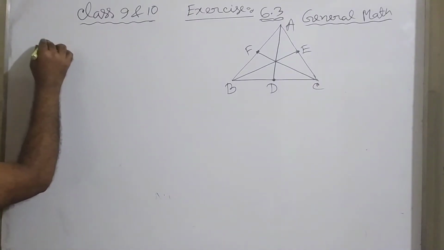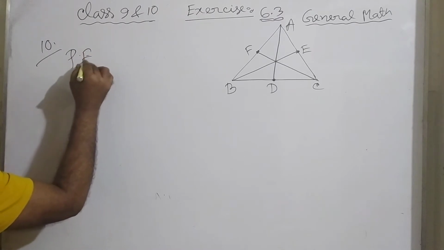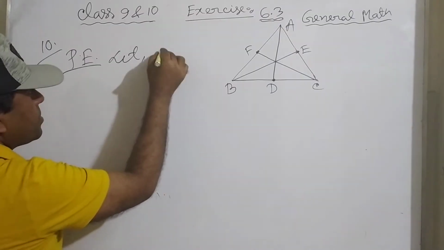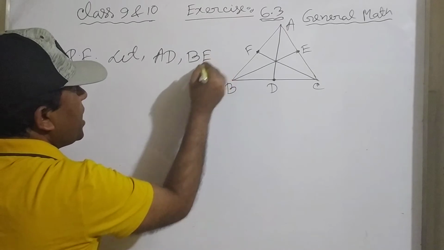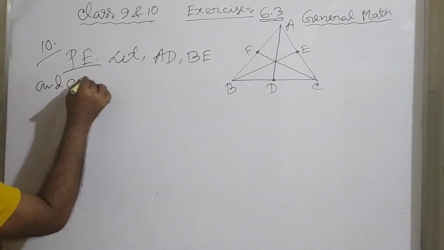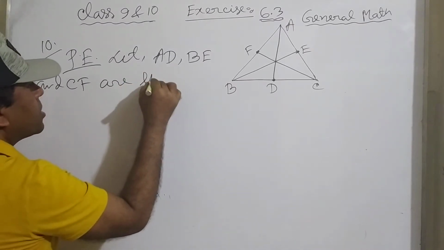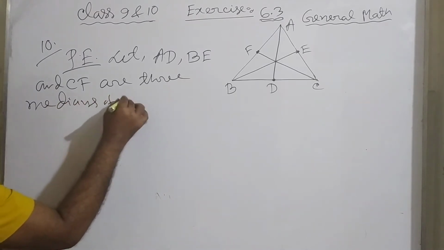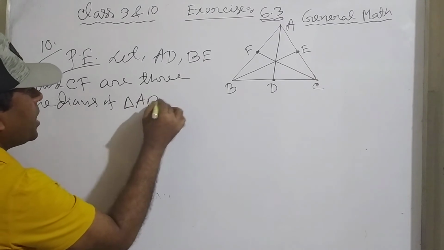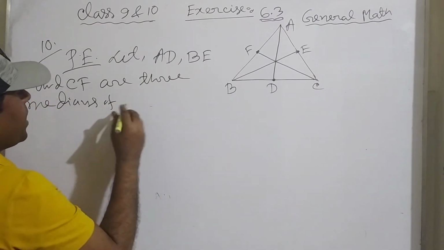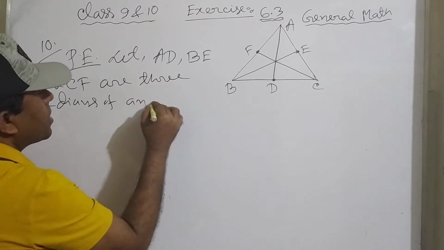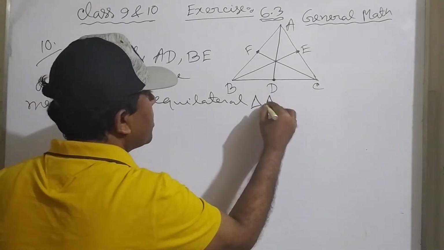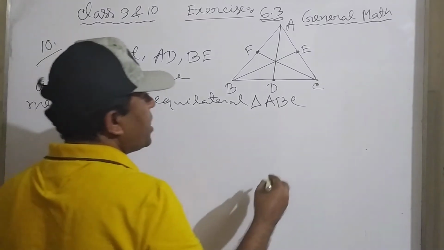Particular enunciation for number 10. Let AD, BE and CF be the three medians of an equilateral triangle ABC.